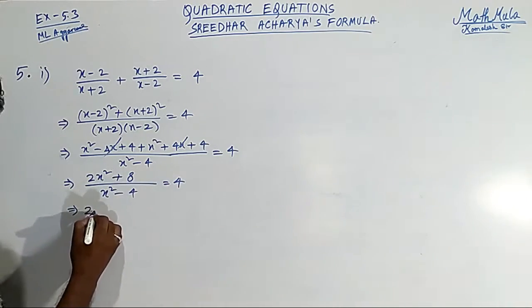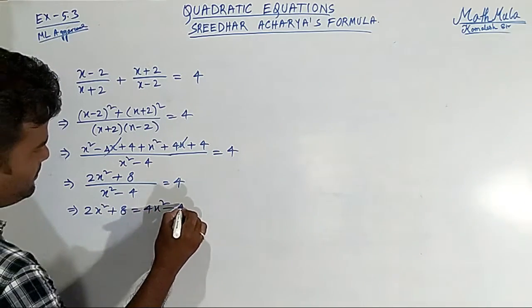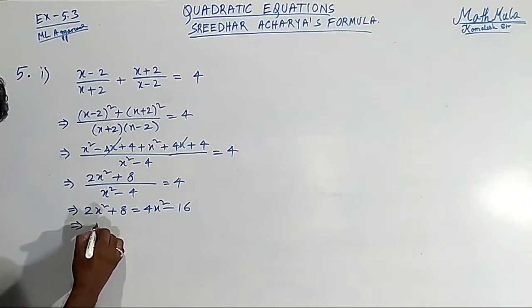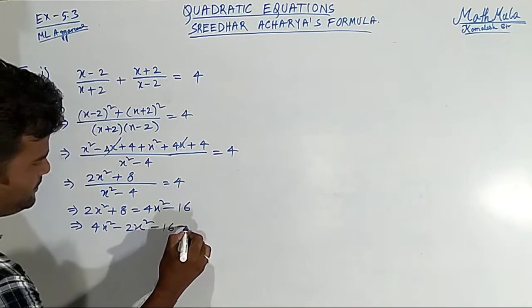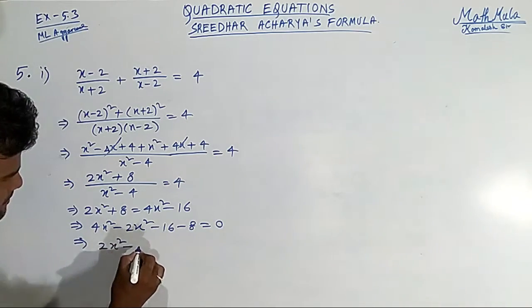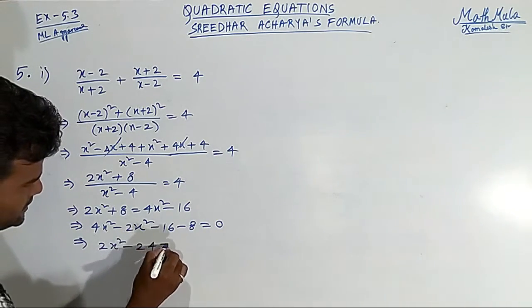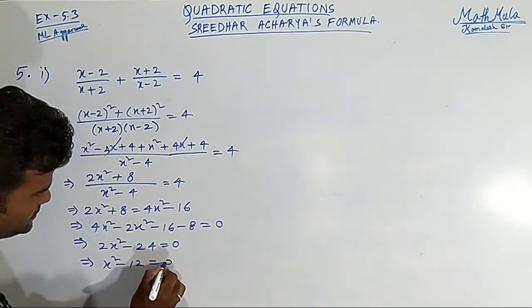Cross multiply, then this is 2x square plus 8 is equal to 4x square minus 16. Now this is equal to 4x square minus 2x square minus 16 minus 8 is equal to 0. That implies 2x square minus 24 is equal to 0. That is x square minus 12 is equal to 0.